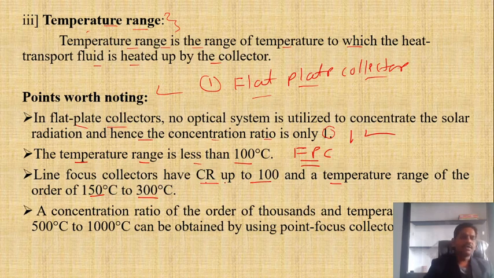Concentrating collectors have a very huge concentration ratio and huge temperature: a concentration ratio of the order of 1000 and a temperature range of up to 1000 degrees Celsius can be achieved using point focus collectors. So these are our concentrating collectors, and this is the point for flat plate collectors.